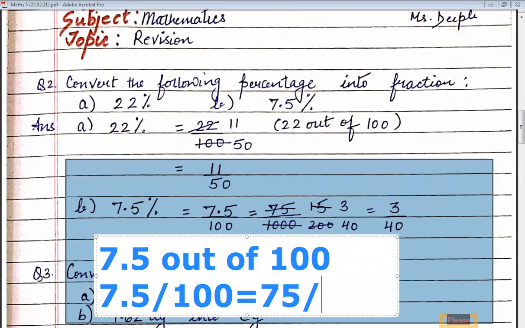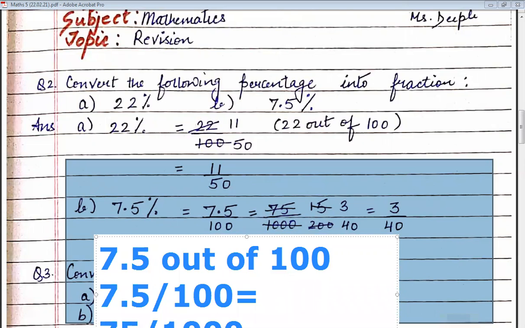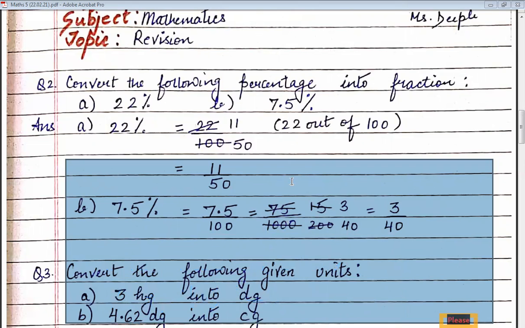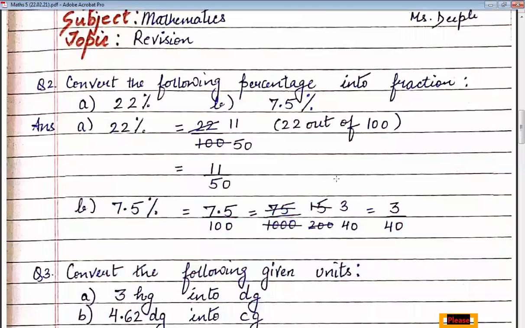So it will be 75 divided by 1000. So your fraction now becomes 75 upon 1000. Now convert it into the lowest form. After cancellation your final answer is 3 upon 40. Here you can cancel it with 25 directly or cancel it with 5 and then again with 5.